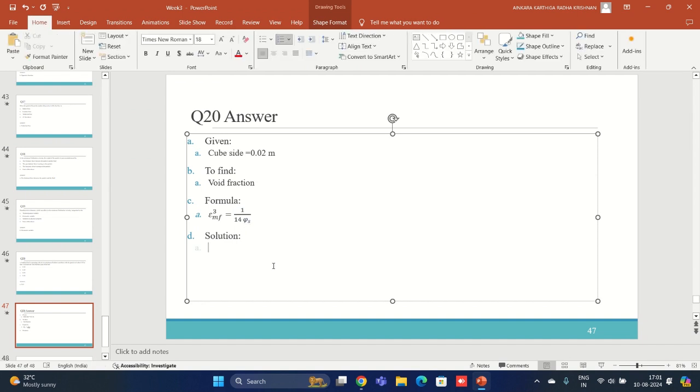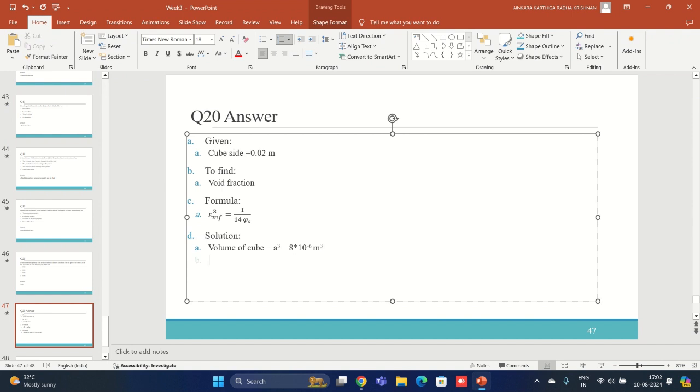First we need to find phi s, the sphericity. The volume of the cube is 0.02 cubed, which is 8 into 10 power minus 6 meter cubed.